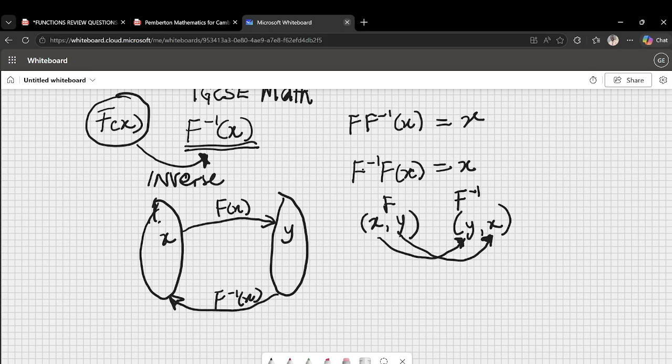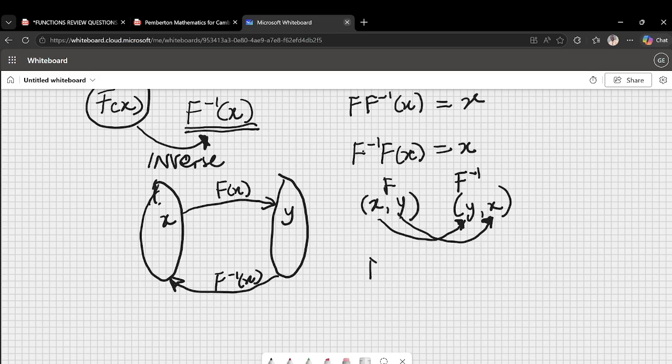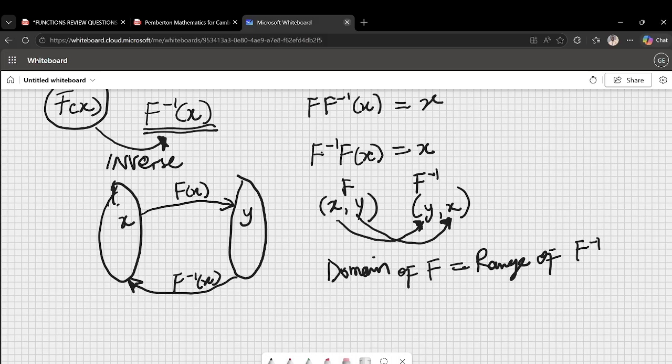So this means that the domain of f is equal to the range of the inverse. We're also going to look at domain and range. I'm going to do that one in a separate video.